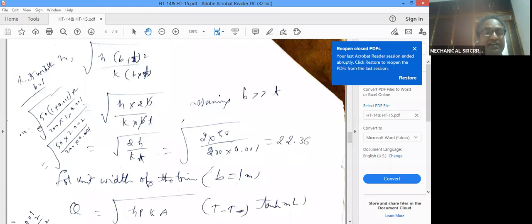From this you can calculate that m value will be nearly 22.36, or otherwise, here square root of hP by kA. How do you calculate perimeter? 2 into b plus t, and area b into t. But if you observe, width is 1 meter, thickness is 0.001 meter.